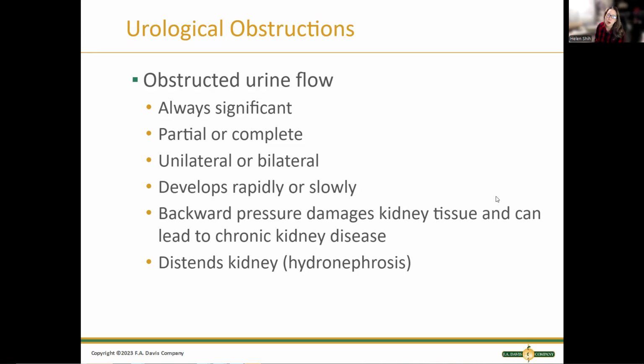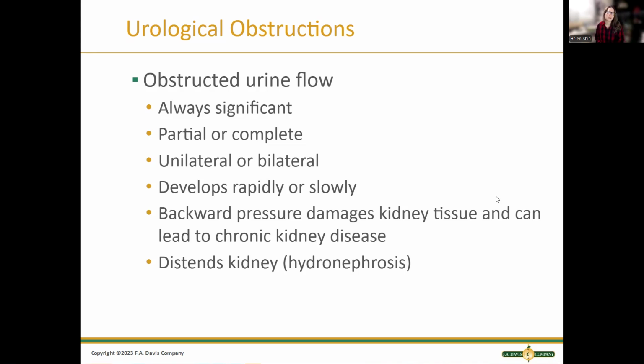Urological obstructions always are significant because they will always lead to some sort of complications. And the urological obstruction can be partial or complete, or they can also be unilateral or bilateral. Unilateral will mean that it impacts one of the kidneys or one of the ureters. Bilateral would mean that it impacts both kidneys or both ureters.